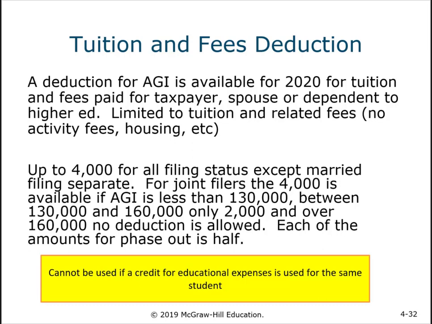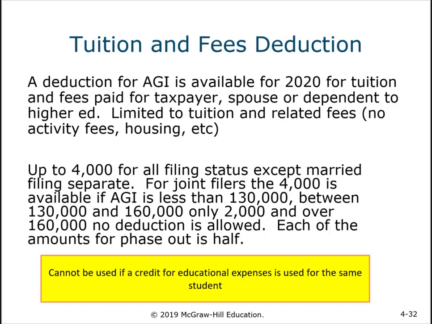If your income hits 130,001, your deduction for this tuition and fees goes from 4,000 down to 2,000. That's bam. If it is over 160,000, it goes from $2,000 to zero. And that's pretty dramatic. Okay?